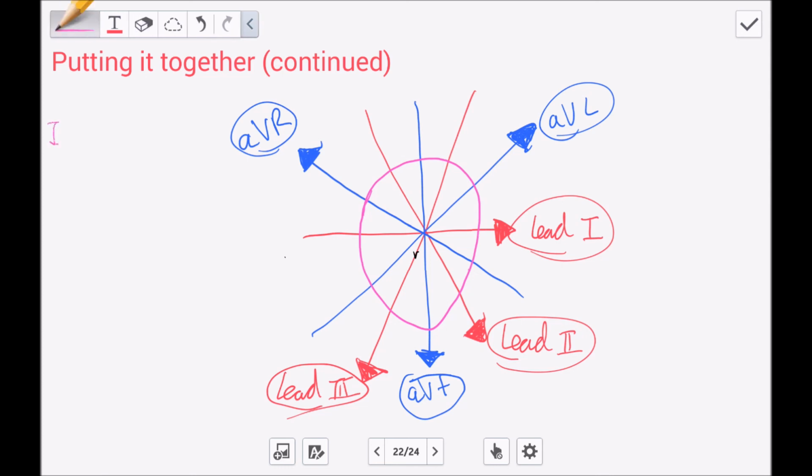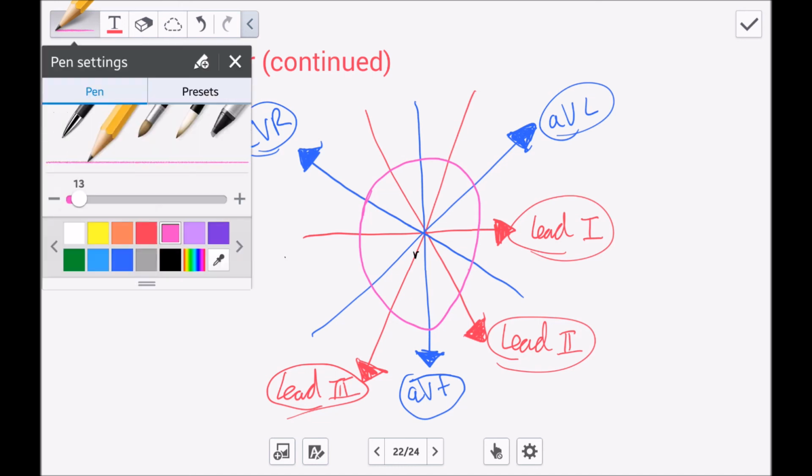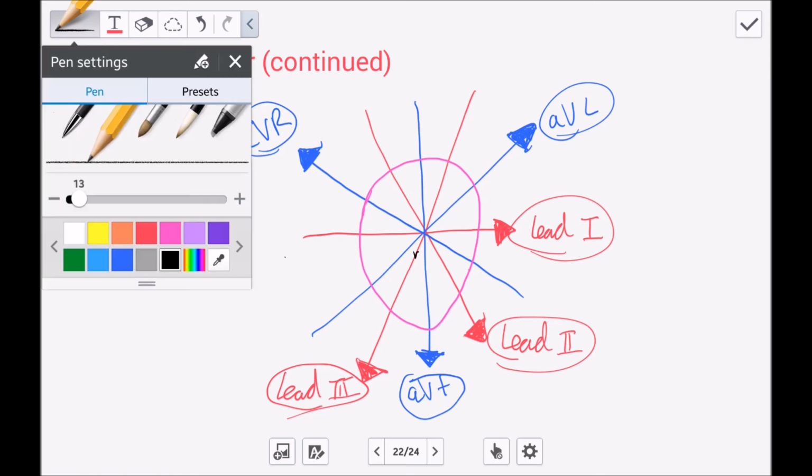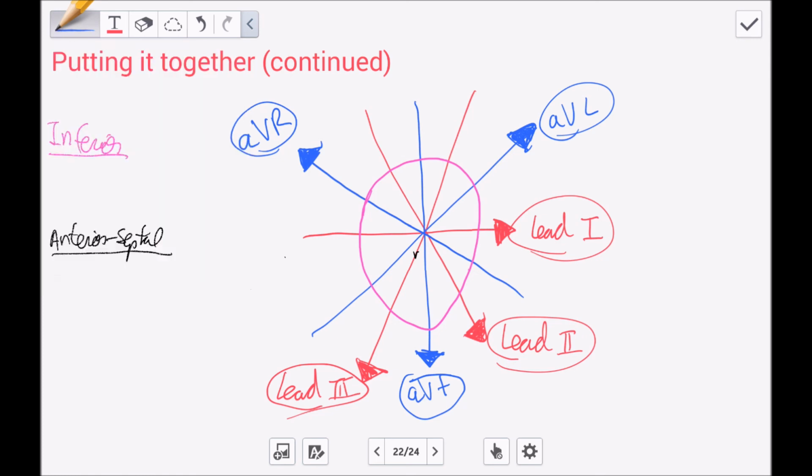So there are inferior leads. We're going to use black for the anterior septal or anteroseptal leads, and we are going to use blue for the lateral leads. All right, everybody following so far?